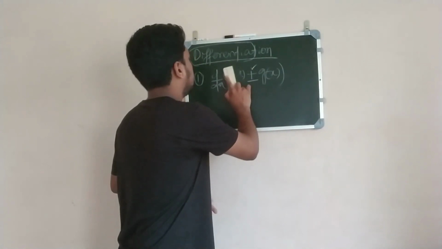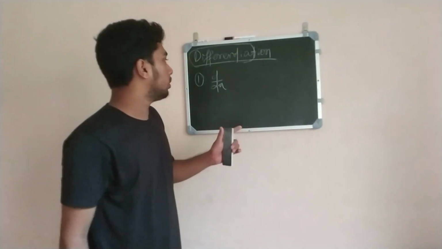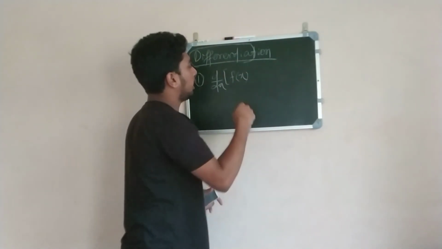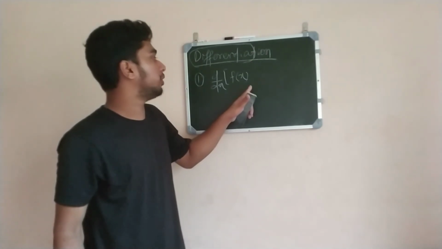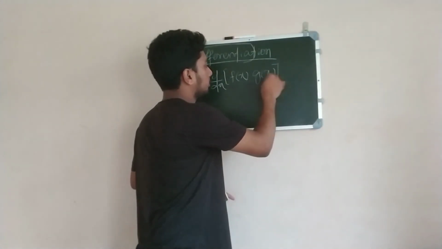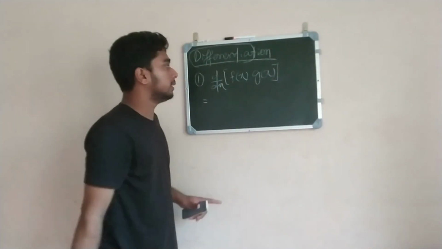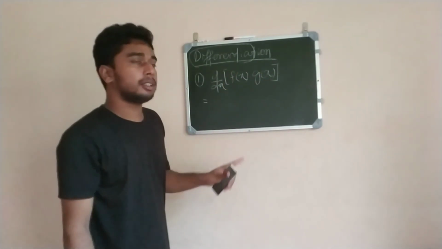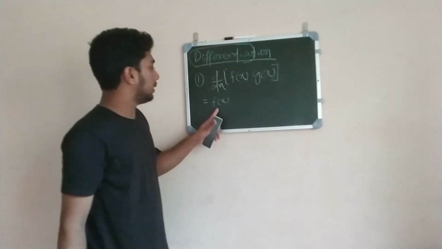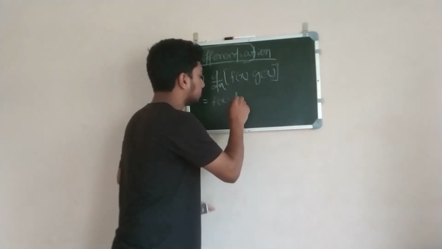This was about the addition and subtraction rule. If two functions f of x and g of x are multiplied, just remember this formula. First, I leave f of x and take the derivative of g of x.